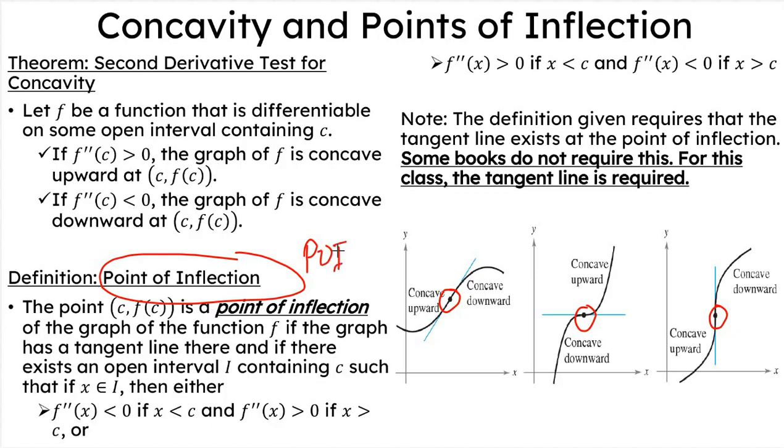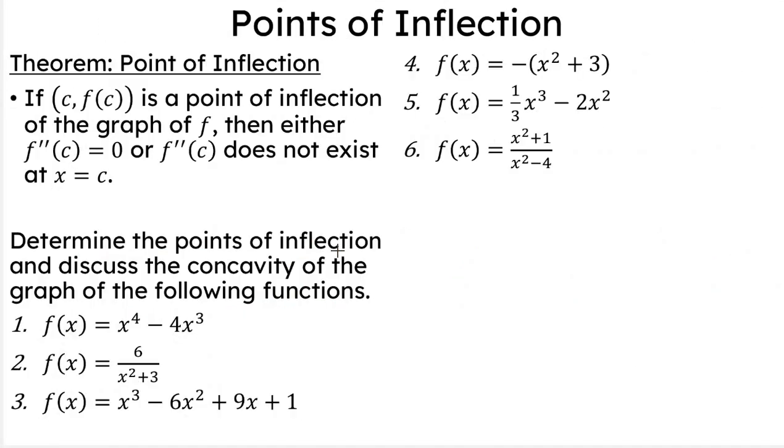So for us to be able to know whether there are changes in concavity, we might need to include in our analysis our POI. Now, how do we look for these points of inflection? It's kind of similar to how we look for the critical number. We need, this time, the second derivative equal to 0 or the second derivative not to exist.